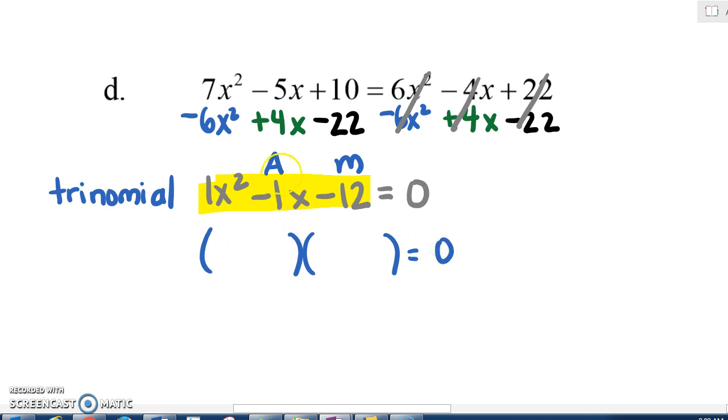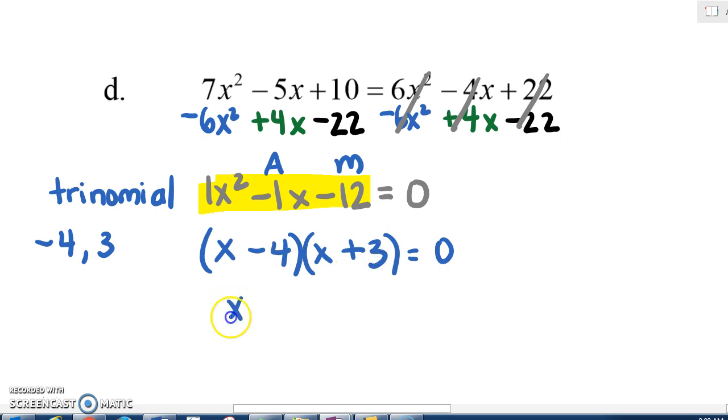I always remember it as AM, kind of like morning time. All right, x squared breaks down to x and x. And 2 numbers that add to negative 1 and multiply to negative 12 would be negative 4 and 3. Negative 4 times 3 multiplies to negative 12, and negative 4 plus 3 adds to negative 1. So therefore, my 2 factors are x minus 4 and x plus 3.